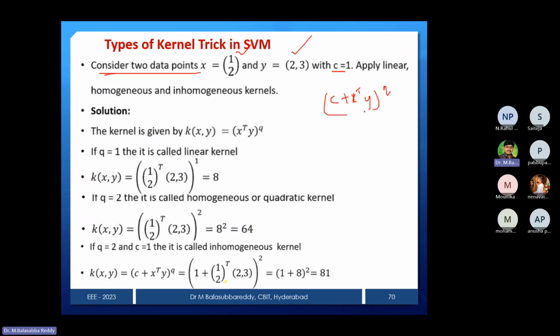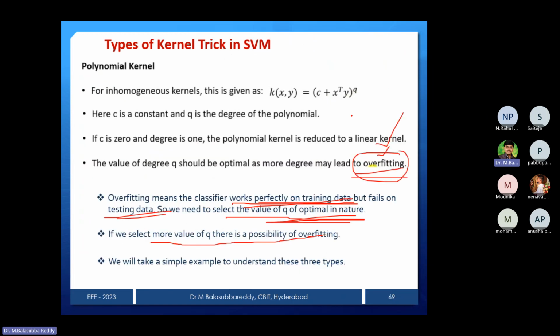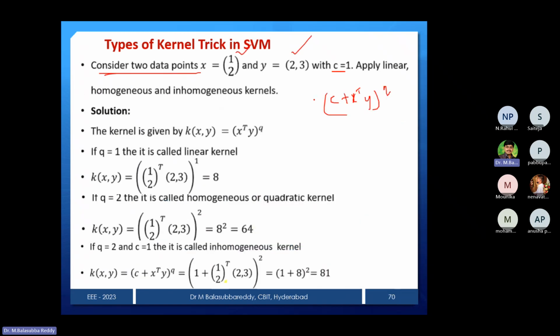This is one type of kernel. What is the type you can see here? This we call an inhomogeneous kernel. In the same formula, X and Y are given, and C is given as 1.